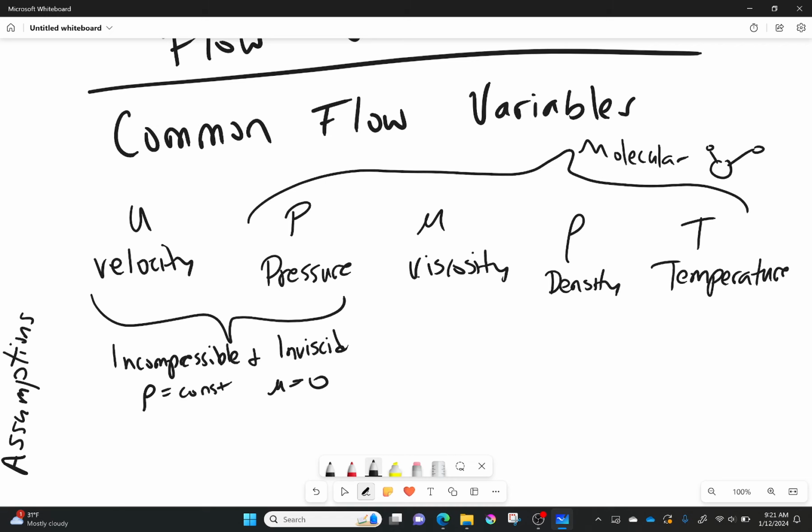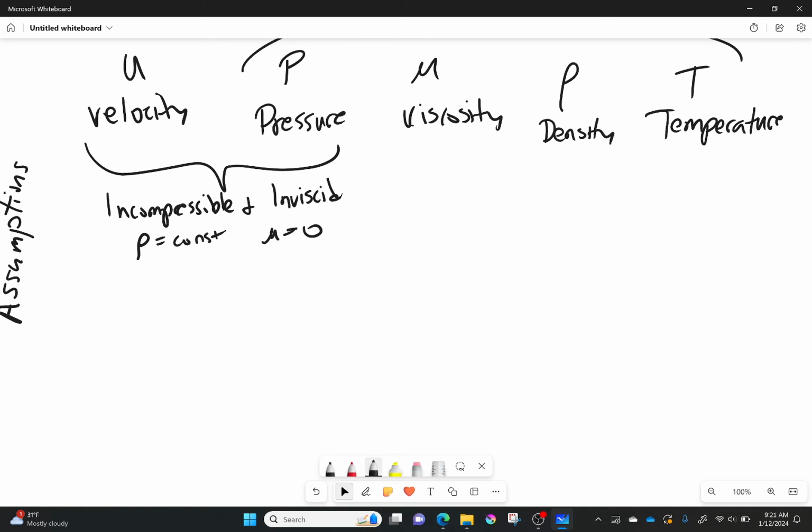We're going to get a lot of work out of those two. And you're like, wait a second, but didn't you say air was compressible? It is, but it's not compressing in all situations. In some situations, we can act as if it's incompressible and still get very accurate results. So in those cases, we would only care about velocity and pressure because the other ones are not going to come into play.